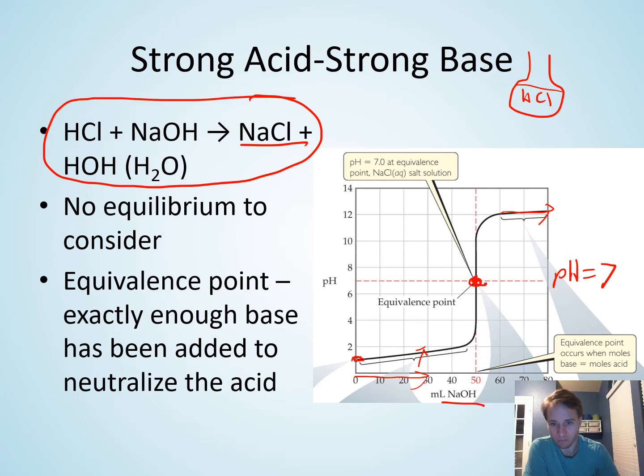Notice that near the equivalence point for a strong acid, strong base reaction, I have a very quick change in the pH. And so if I have some sort of indicator that changes colors around any pH in this range, say from a pH of 5 to 9 or 5 to 10 or whatever, I will be able to detect where this equivalence point occurs, because it's such a drastic shift in pH so quickly with the addition of that strong base.